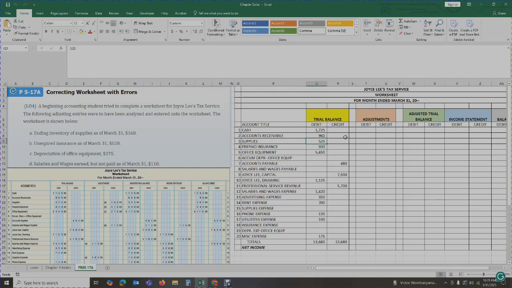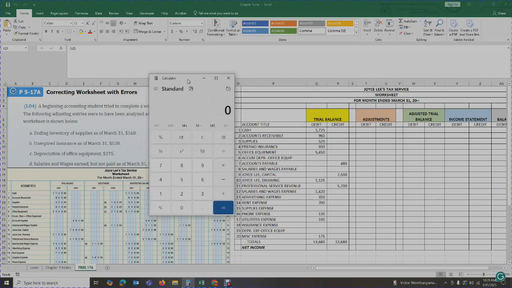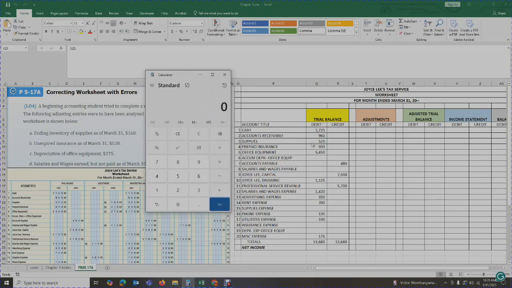Letter A says your ending supplies is $160. Let's get our magical calculators out and do some math. According to the problem, I started off with $525 in supplies, and according to the adjusting entry, I have $160 remaining.